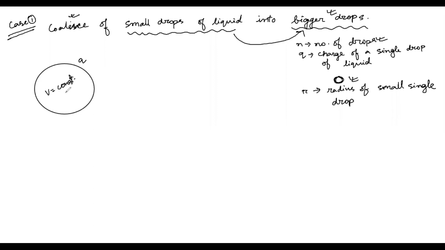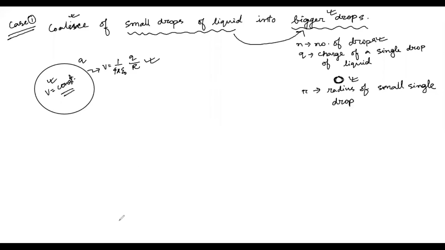We studied this, and that constant value is nothing but the potential at the surface. That means whatever amount of potential we will have at the surface, the same potential we will have inside the shell. Now, if he is having a charge q, at the surface we will have a potential of 1 by 4 pi epsilon naught q by capital R. Now, R is the radius of this shell. Okay, so we will be using this expression of potential to find out the potential of this small single drop and the potential of this bigger drop.